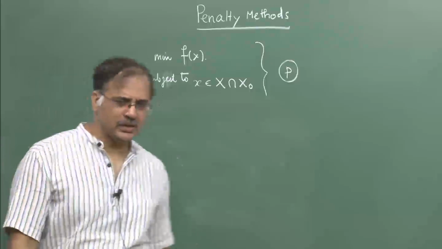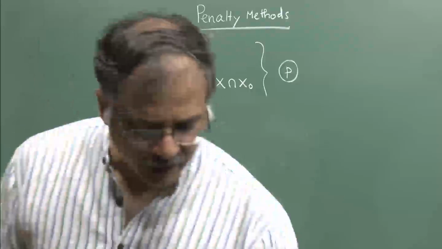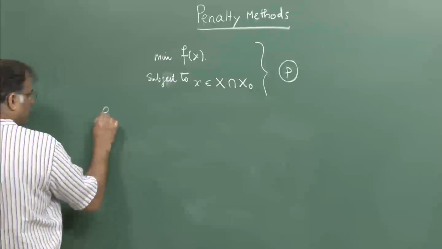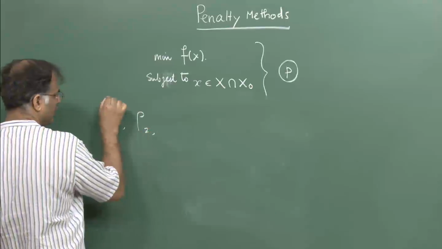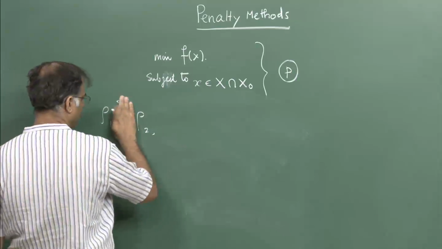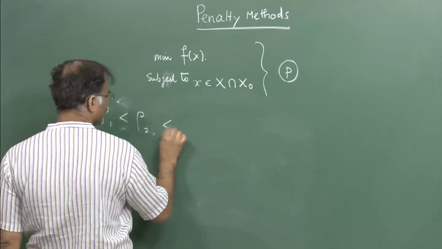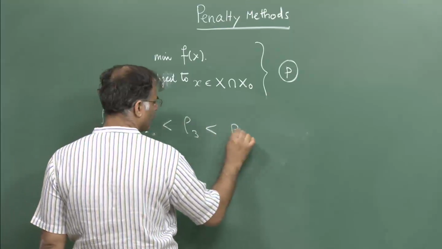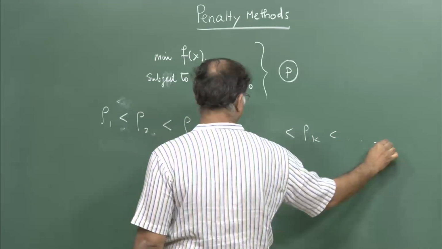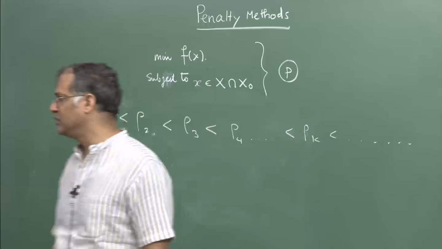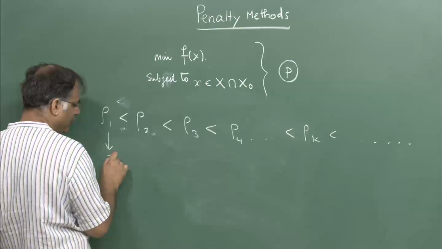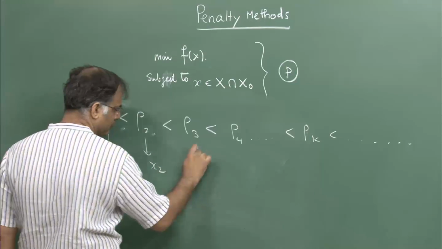Now, what we are trying to say is that we are solving this problem for rho 1, rho 2, up to rho k. I am just increasing the values, rho 1 less than rho 2, and for each of these I am solving the penalty problem.